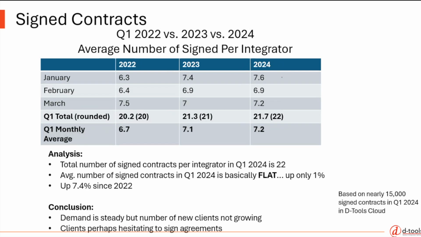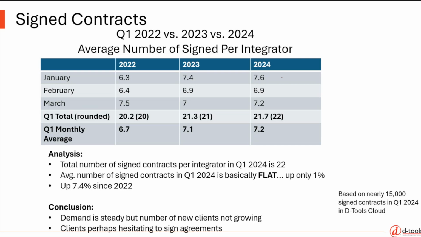Okay, signed contracts. So now, again, looking at 2022, 2023, 2024, same kind of table format. You can see the average number of signed contracts, and that's in your Insights Plus database or dashboard. That would be your sold number when you're looking at the signed business by the dealer.